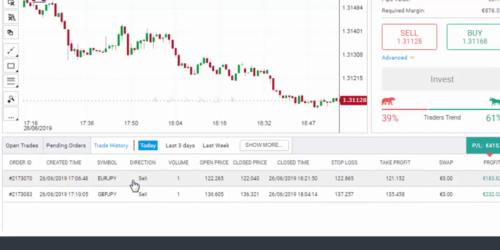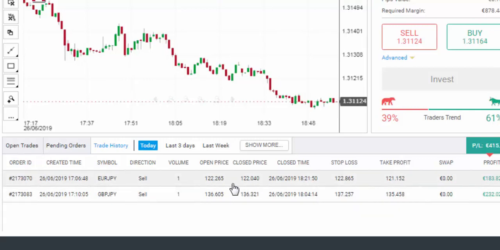And let's have a closer look. Euro GPI, it was a sell. I have to say that I manually closed both trades, because I don't know why the software is setting the take profit and stop loss on a very high level.